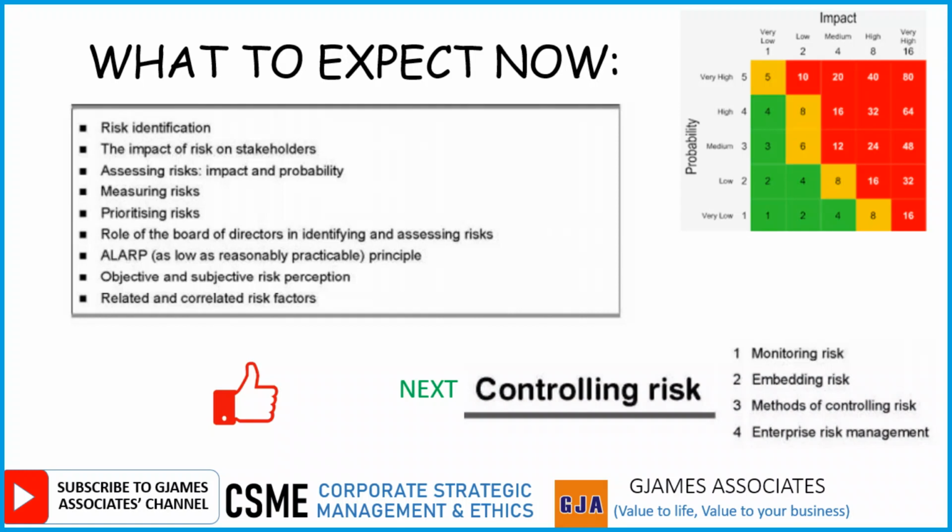Let us move on. Role of the board of directors in identifying and assessing risk. We are not going to waste much time on this because we started with this. The ultimate responsibility belongs to the BOD, Board of Directors, concerning risk identification and risk assessment. They must calibrate the risk. They must assess its impact, its frequency of occurrence, its probability of occurrence.